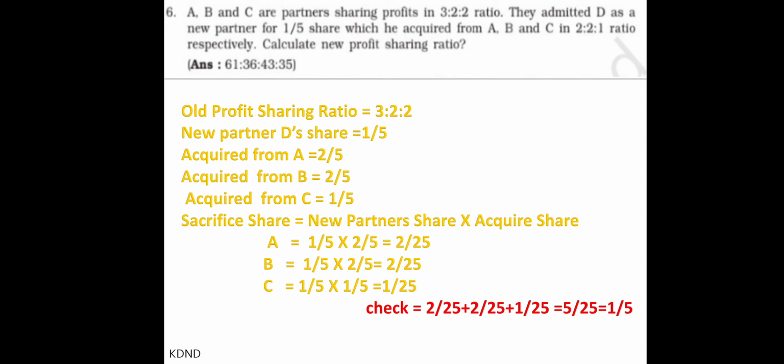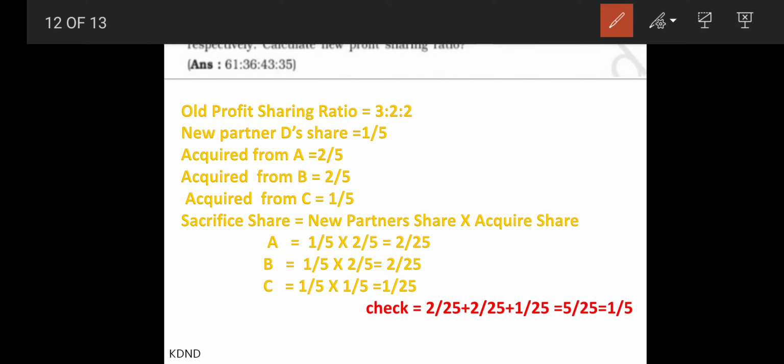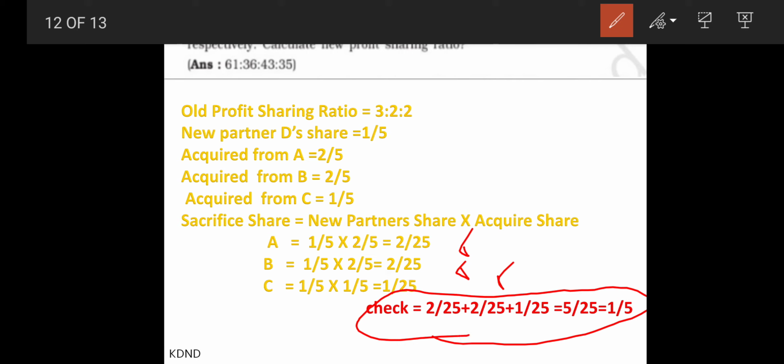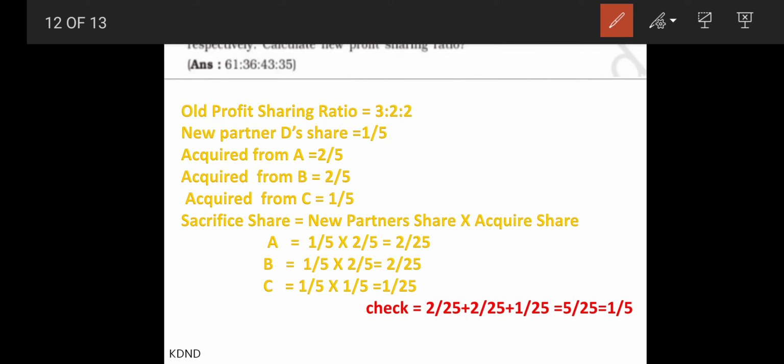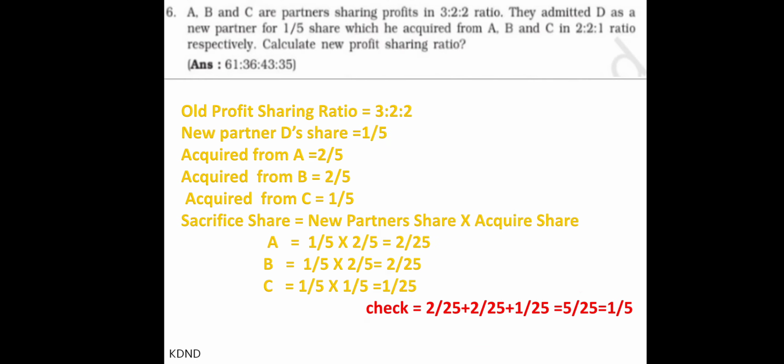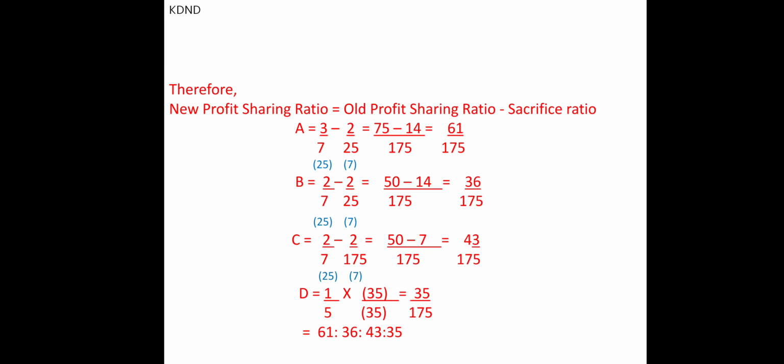We multiply by the new partner's share, and then we get our sacrifice share as 2/25, 2/25 and 1/25. Check that this should be equivalent to the new partner's share.